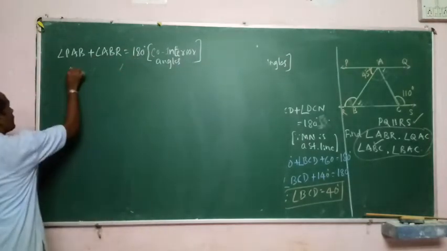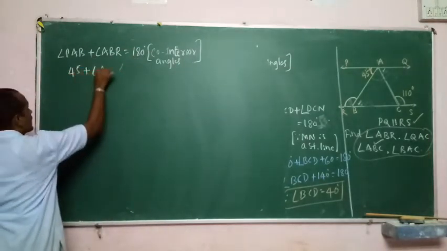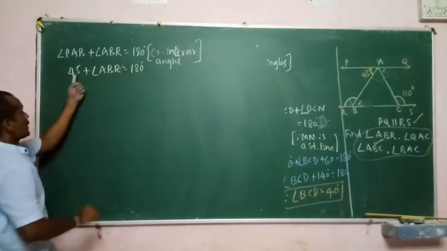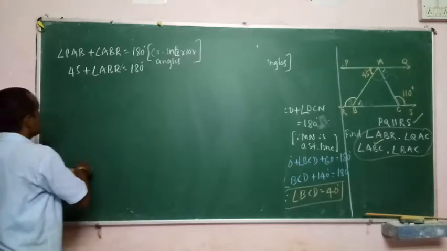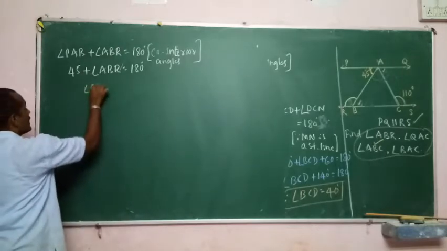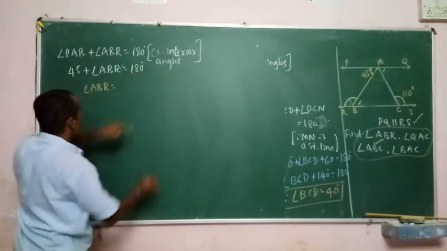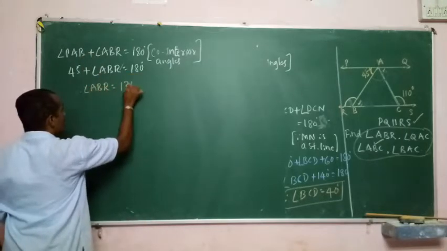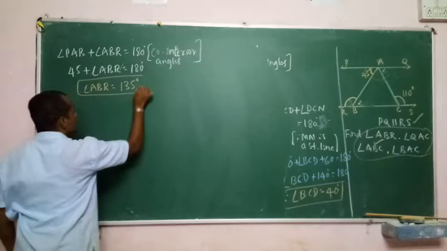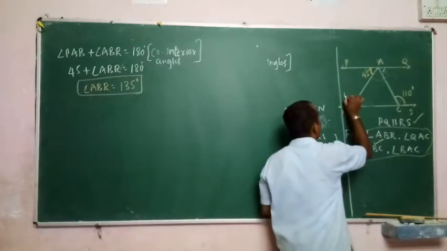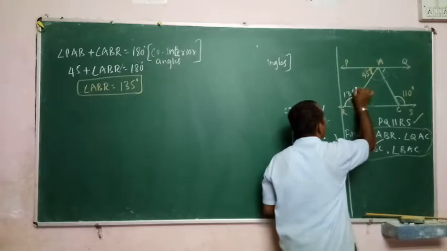One angle is 45 plus angle ABR is equal to 180. Transfer 45 to that side. Therefore, angle ABR is equal to 180 minus 45, that gives you 135 degrees.